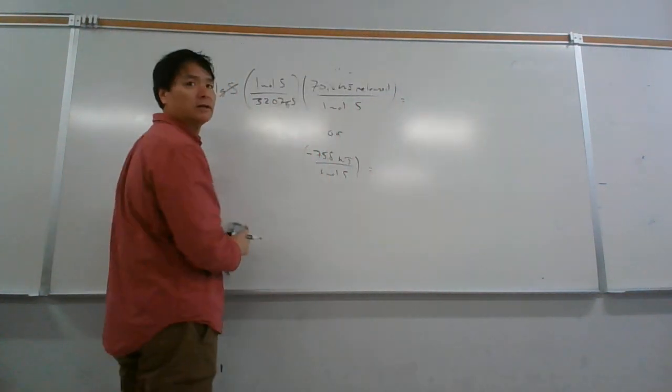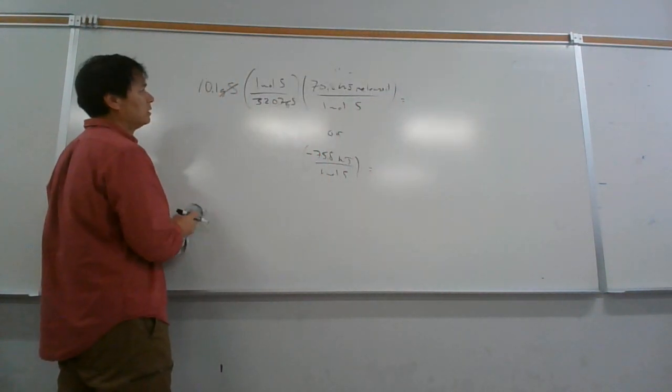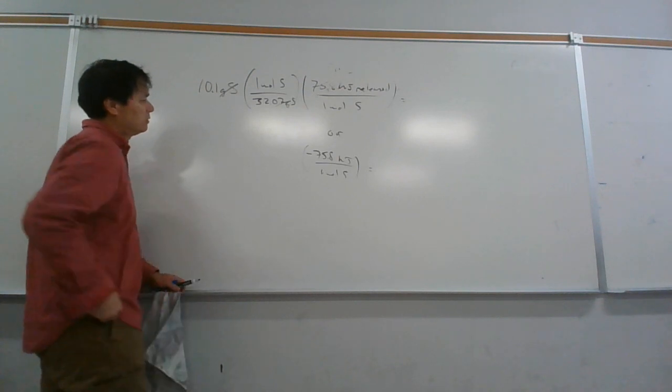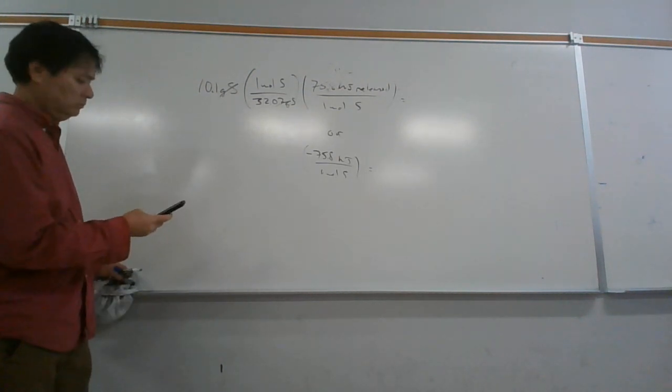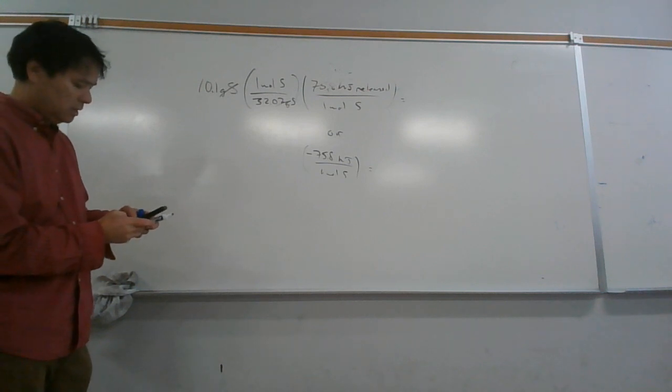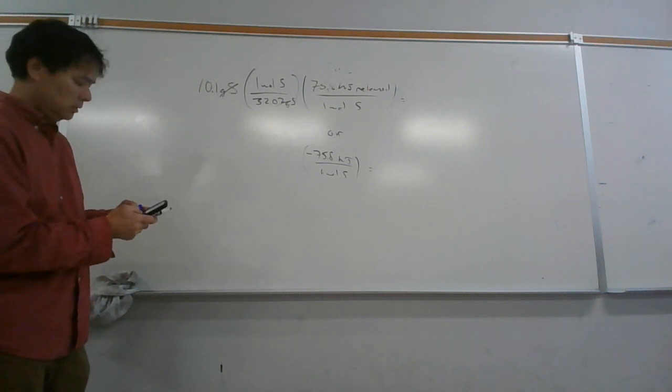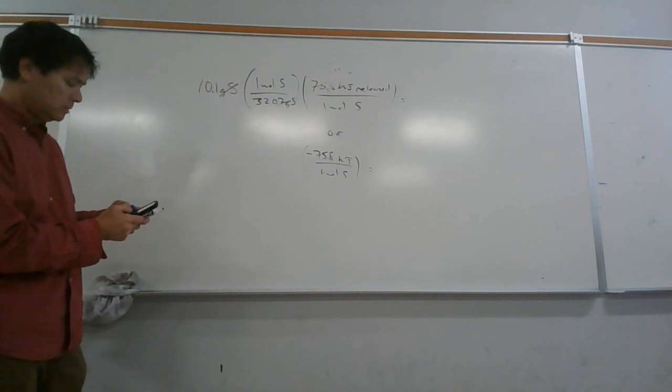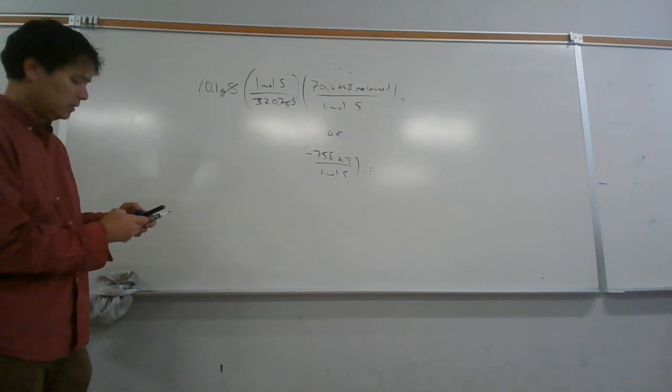So didn't finish this calculation here. Maybe we should finish this. So this is 10.1 divided by 32.07 times 75.8.